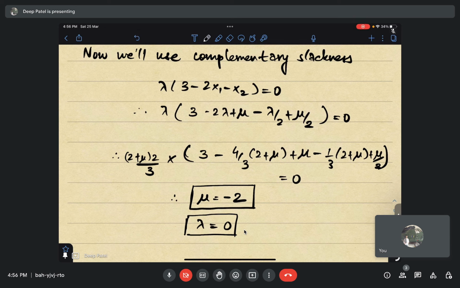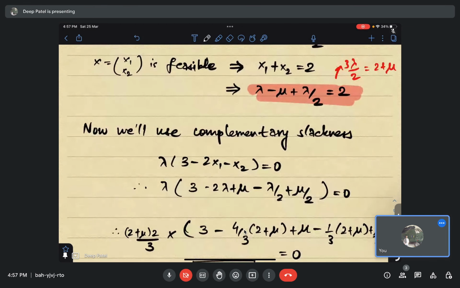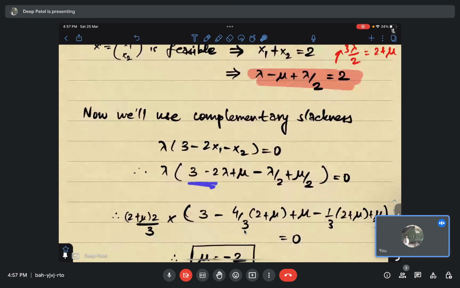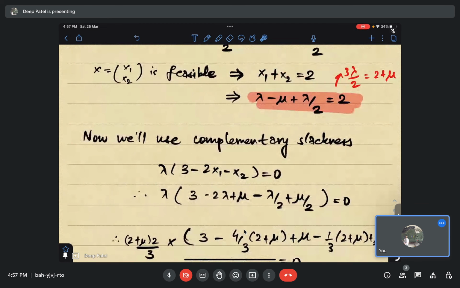It's minus 4 by 3 plus mu, that means minus 1/3, then another minus 1/3, so it's minus 2/3. I might have made a mistake in the algebra. Till here the relations are clear, but I might have made a mistake in substituting the values: 3 minus 2x1 minus x2.